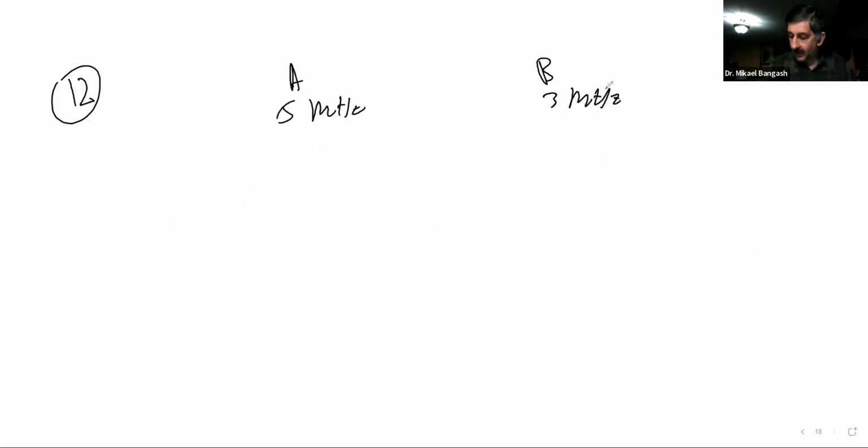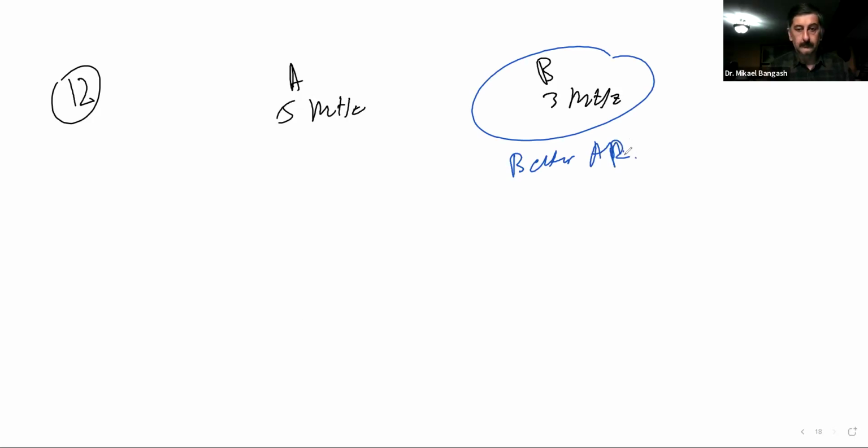Now question number 12. Two transducers create pulses. One transducer is 5 megahertz and the other is 3 megahertz, so A and B. Although it says that this one here has a better axial resolution, and this one here has a poor axial resolution, the question is why?